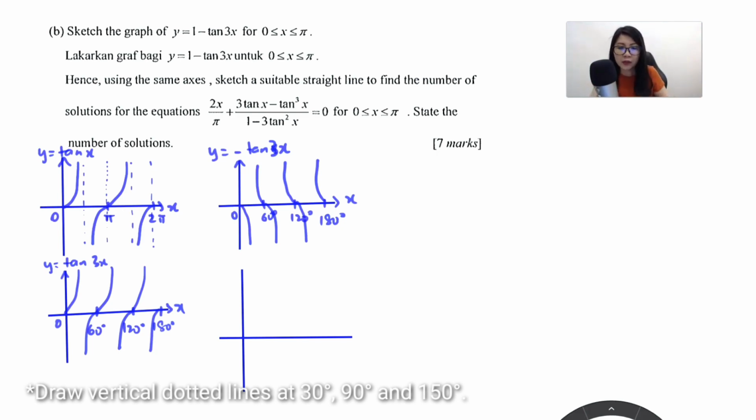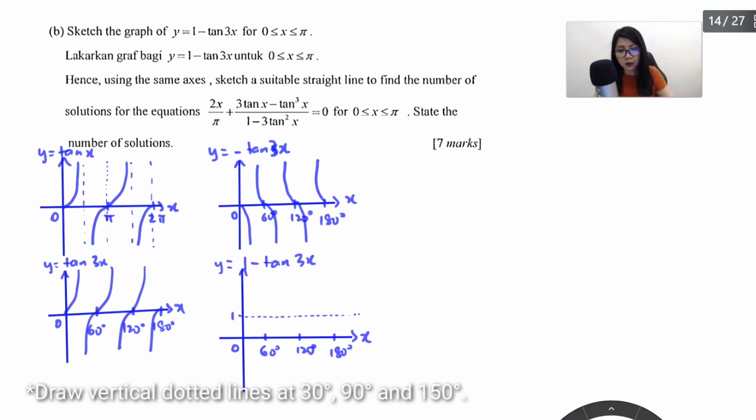So 1 unit, let's say here from 0, it goes to 1 here. So I draw a line here. Okay, so it will be 60. Here is 120, and here is 180, which is pi. So x, and this is y, equals 1 minus tangent 3x.